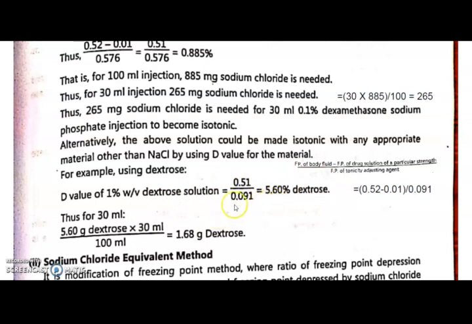So for 30 ml of solution, the required amount of dextrose can be calculated as 5.60 multiplied by 30 ml divided by 100 ml. That gives 1.68 gram of dextrose. Thus, 1.68 gram of dextrose is needed for 30 ml 0.1% dexamethasone sodium phosphate injection to become isotonic with body fluid.